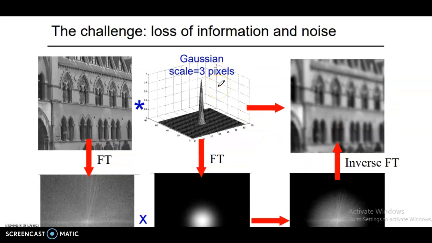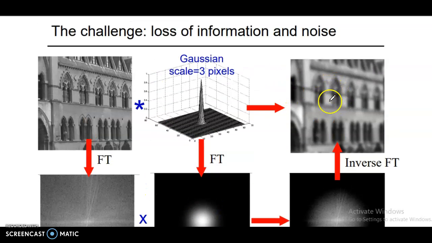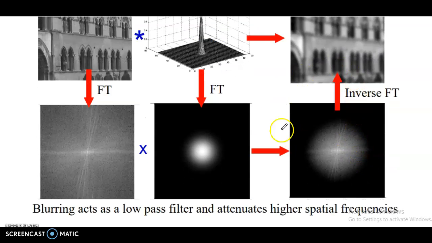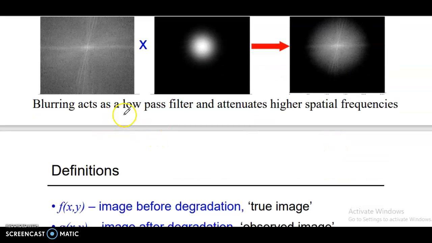With a Gaussian of scale 3 pixels, take the Fourier transform, multiply with this Gaussian, then take the inverse FT. Blurring acts as a low pass filter and attenuates higher spatial frequencies.